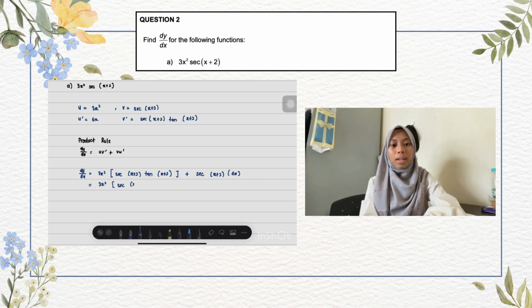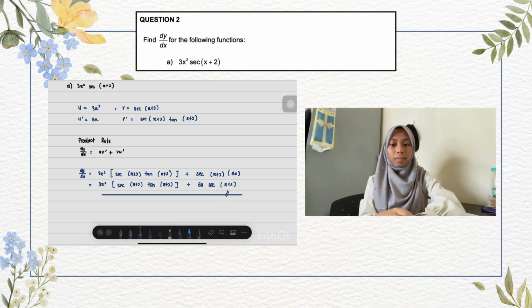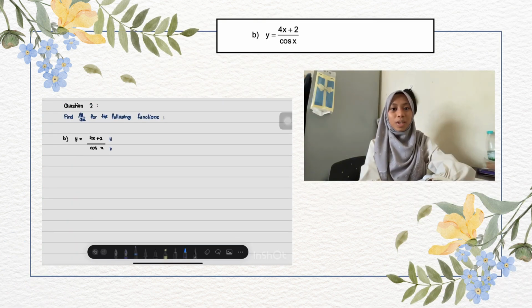The answer will be 3x squared multiplied with secant x plus 2 tan x plus 2 plus 6x secant x plus 2.